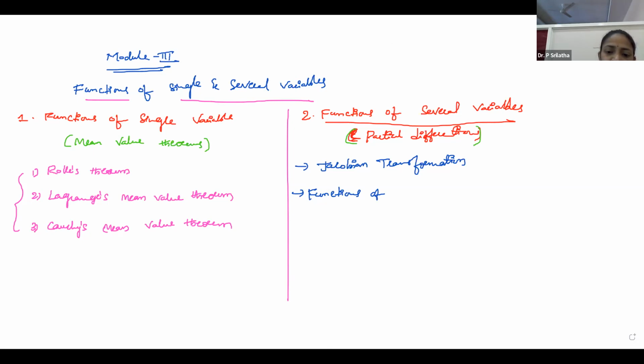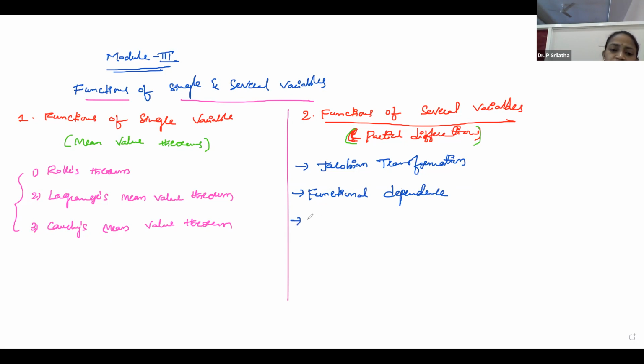That is totally based on Jacobian transformation. If the Jacobian is equal to 0, then we can say that it is functionally dependent. If the Jacobian is not equal to 0, then we can say that it is functionally independent. Okay. So that totally depends on the Jacobian.